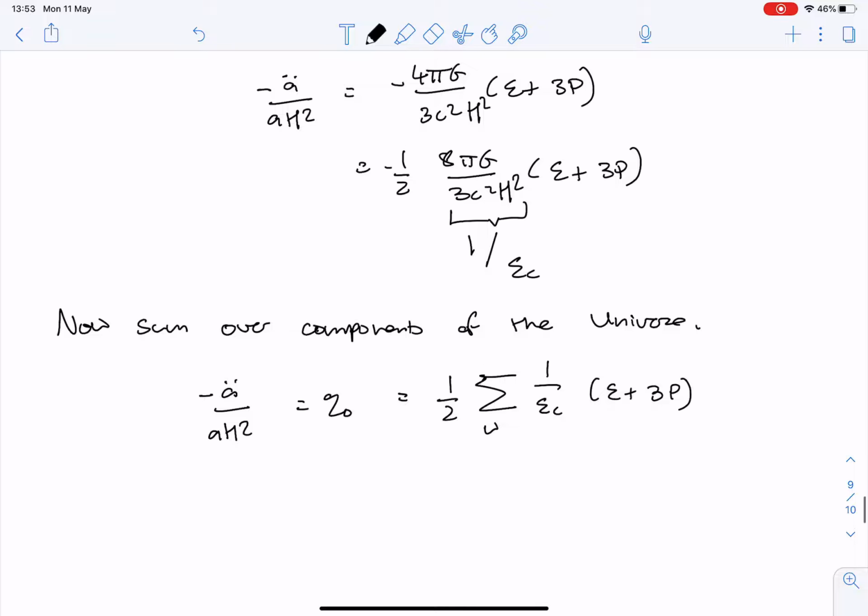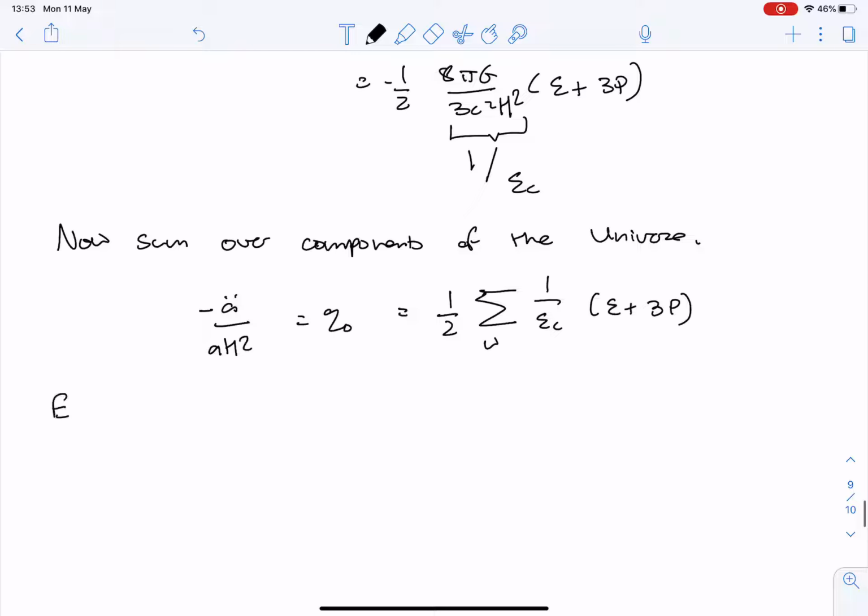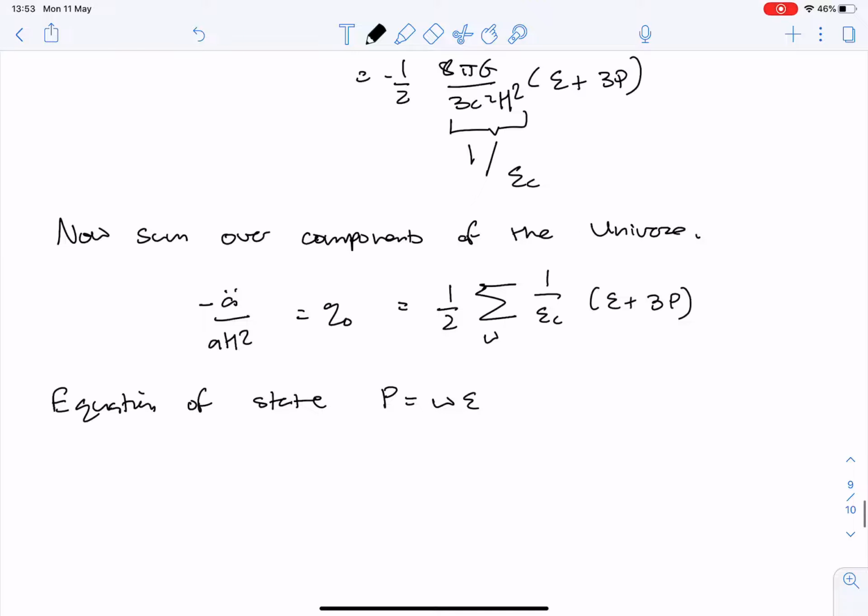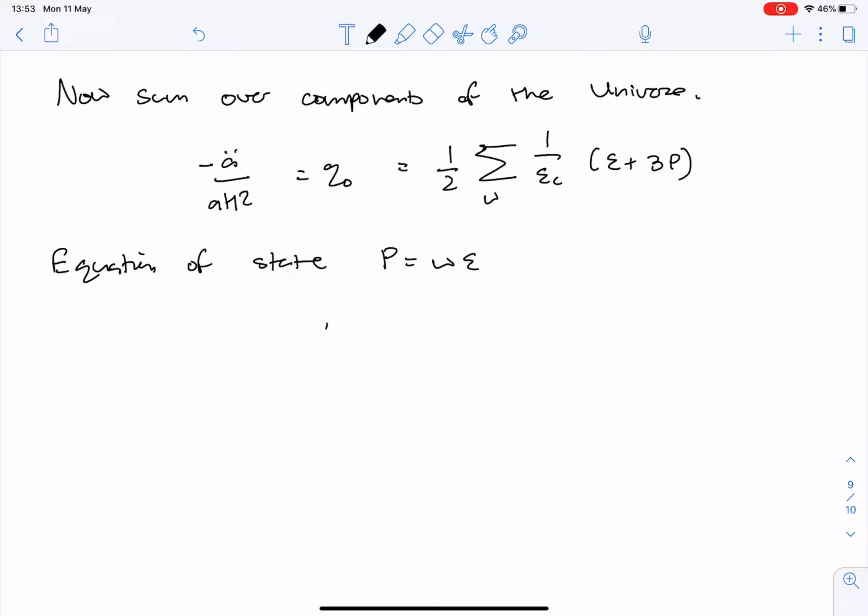But I know my equation of state, p equals w e. So I can also write that as q naught equals a half times the sum over w of omega, w, 1 plus 3w.